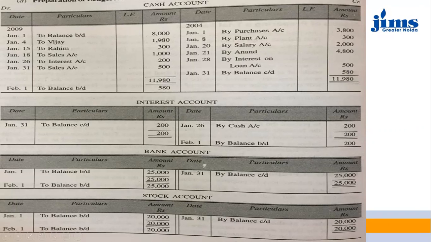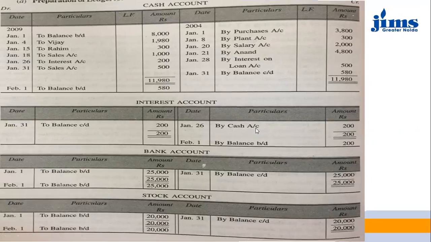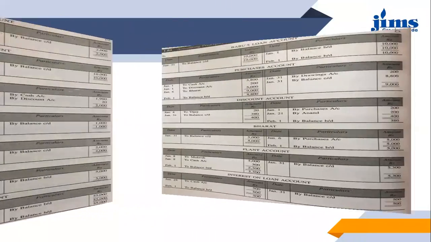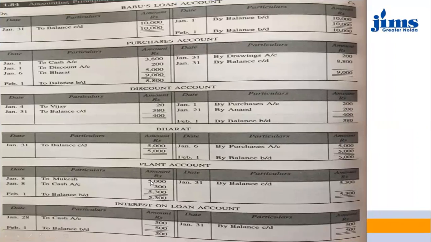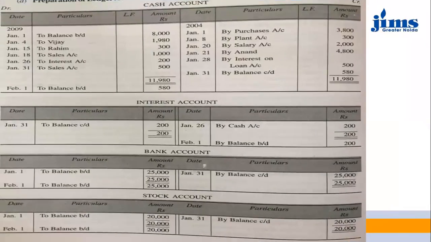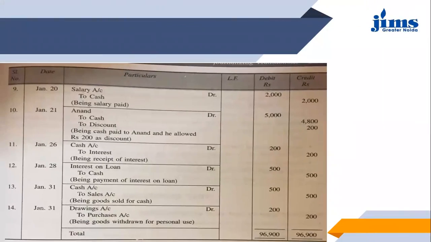Then coming to interest account, it is getting credited with 200. So you can see here interest account for 26th January is getting credited by cash 200. And then in the next interest on loan account, you can see it is getting debited with to cash account 500. So if you prepare one interest account, that is also fine. That is totally dependent upon your choice.